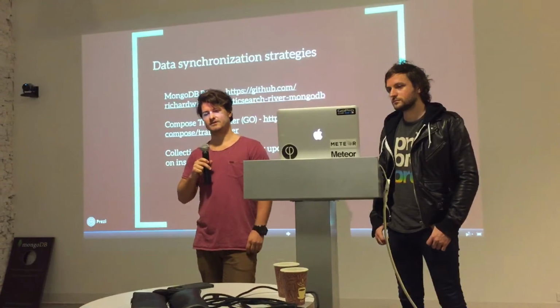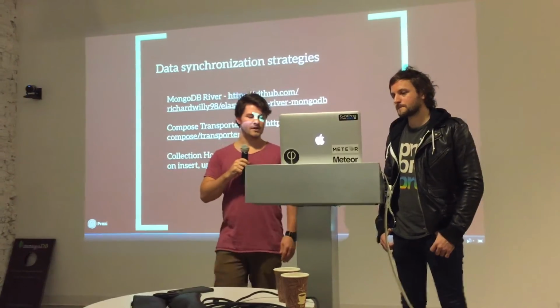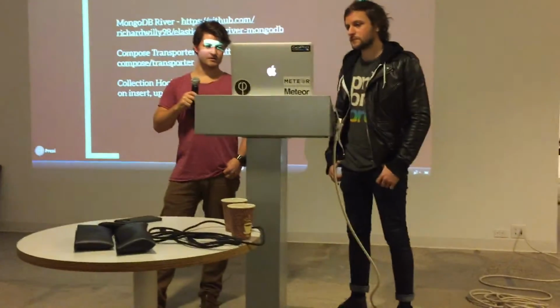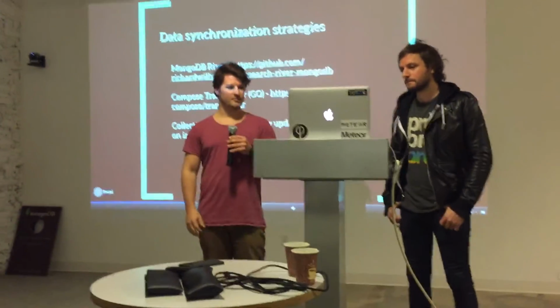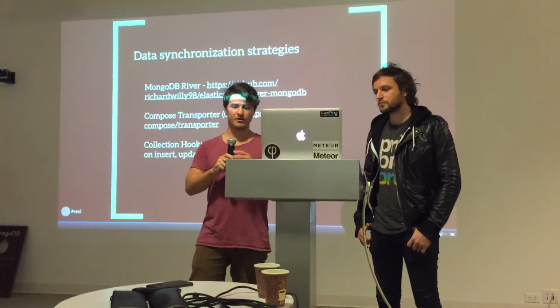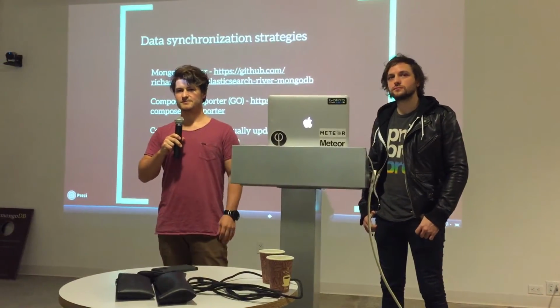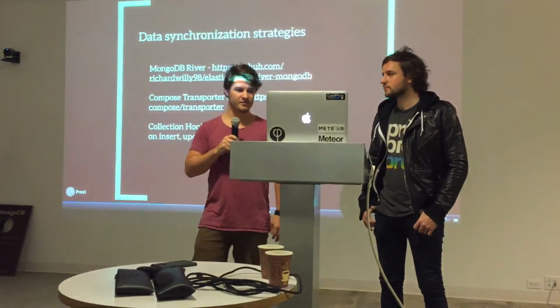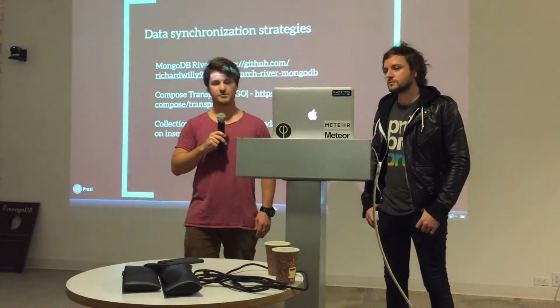At my last company, we had a queue in between, a RabbitMQ queue, and used our own custom synchronization application we built. There's Compose. How many of you use MongoHQ or Compose? It's awesome. They have their own hosted service, and now they've open sourced it, called Transporter.